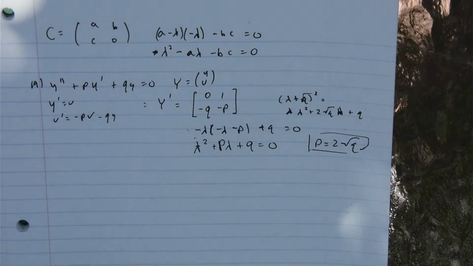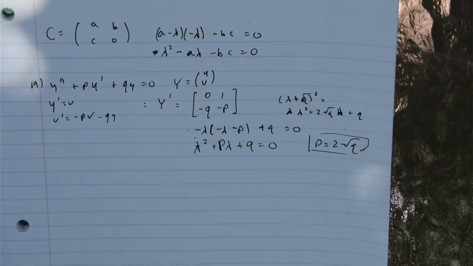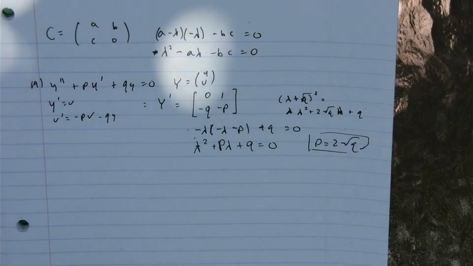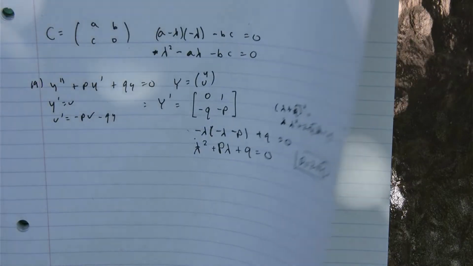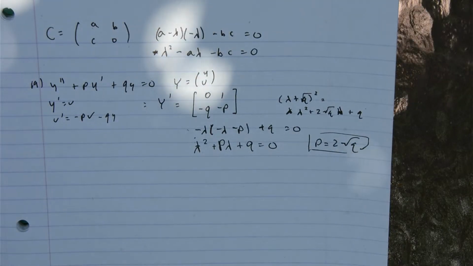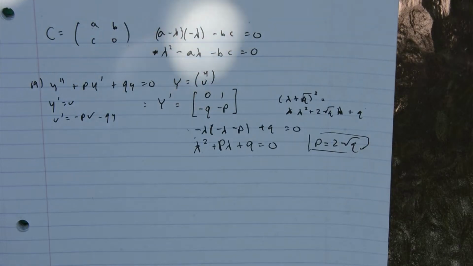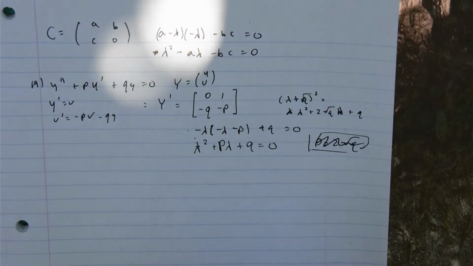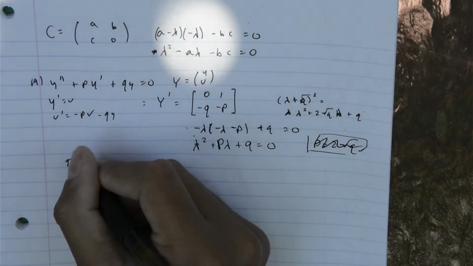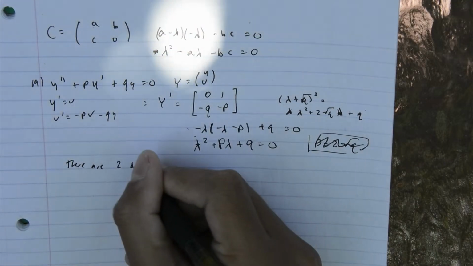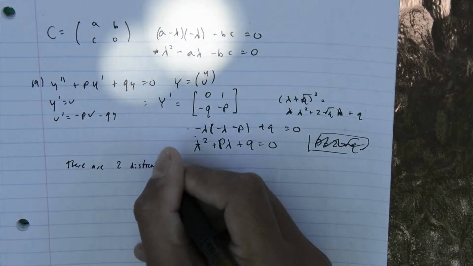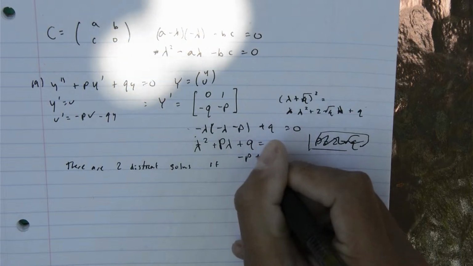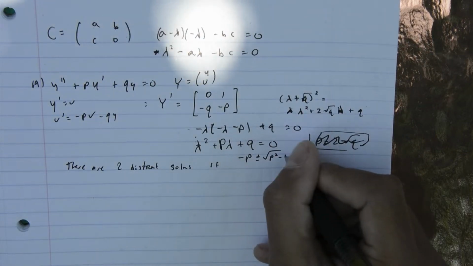So E, if they're real... oh wait. Oh yeah, no, I did this wrong. Okay. So there are two distinct solutions, so we have minus p plus or minus the square root of p squared minus 4q.